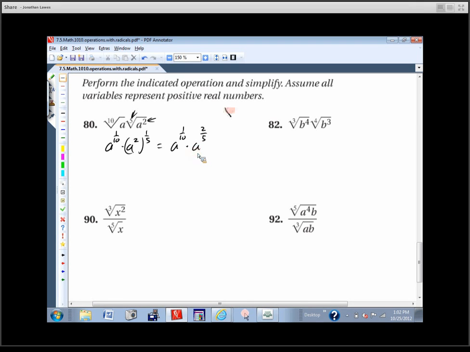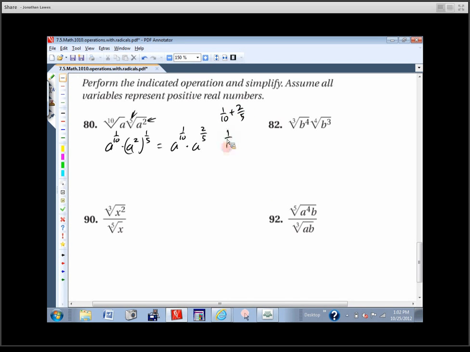Unless you remember how to do a problem like this. If I had x squared times x to the third, everybody here knows the answer to that. And we do exactly the same thing with this problem as we would with this problem. What do I do here with the exponents? Add them together, right? So I'd get x to the 5th. That's an easy addition problem. If I'm going to do this one, I need to figure out what is 1/10 plus 2/5.